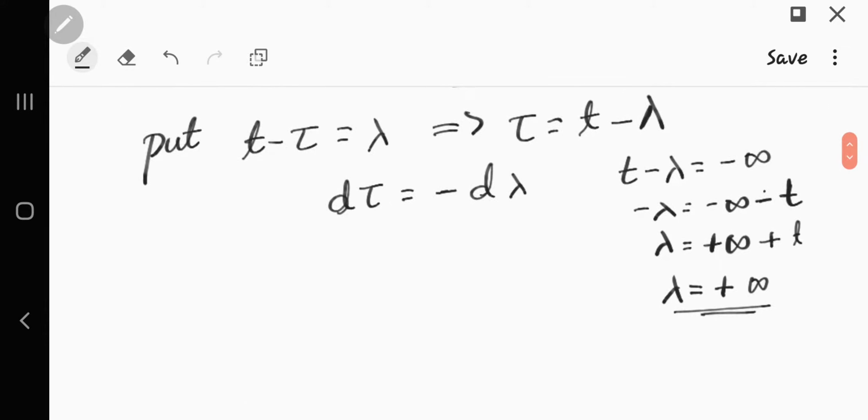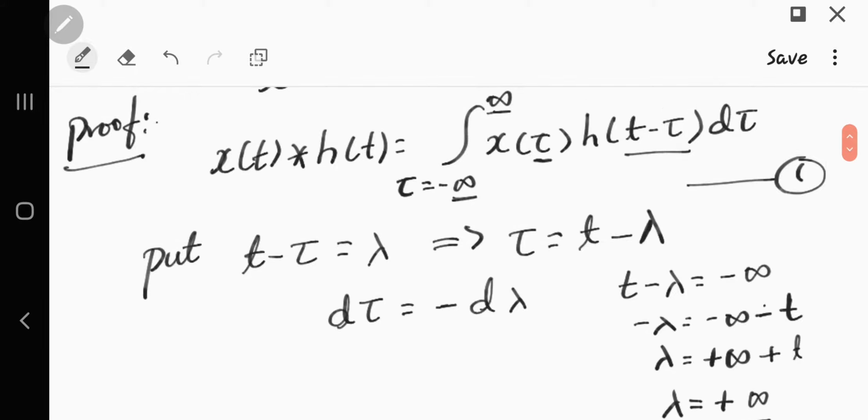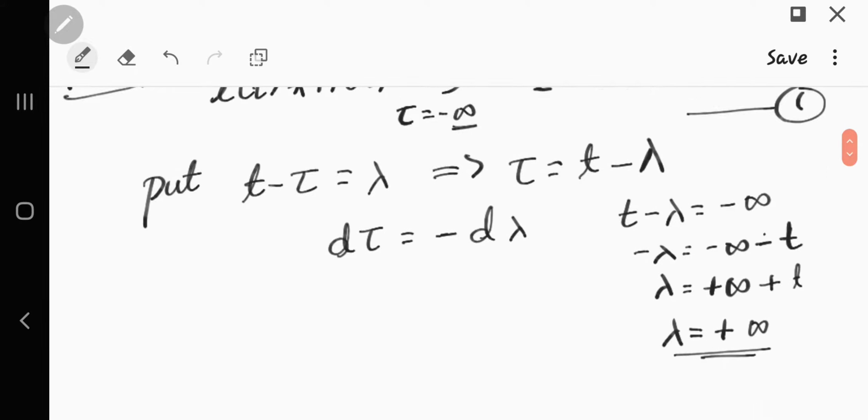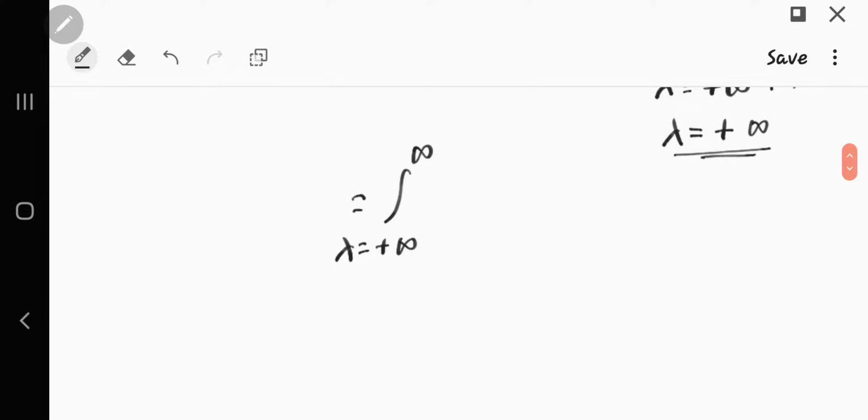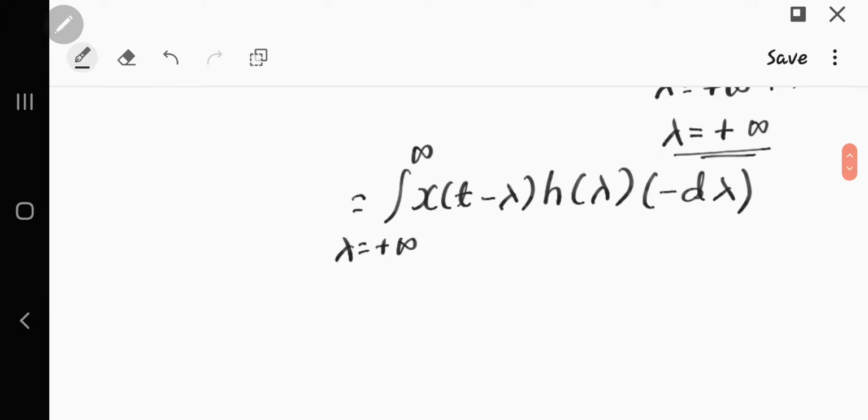Let's apply all these changes to equation 1 and replace the respective variables. Equation 1 will become the integral from lambda equal to plus infinity to minus infinity of x of t minus lambda, h of lambda, minus d lambda.